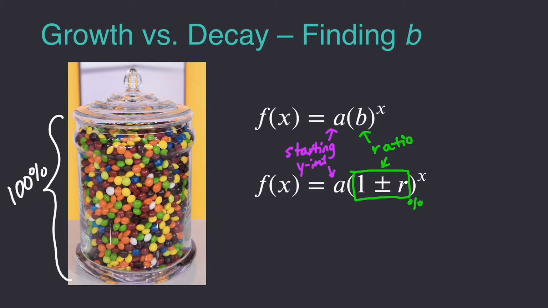So we can figure that out by doing 100%, or 1 if we convert it to a decimal, minus 0.5, because we're doing 50%, and we get 0.5. So in that case, b would be 0.5. All right, so we are always finding b by figuring out what percentage we're increasing or decreasing by.